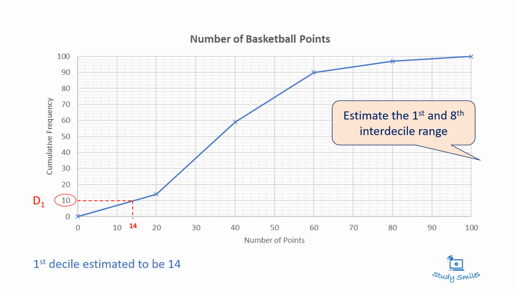And we read the value off at this point, which in this example is 14. Then we need to do the same for the 8th decile, which is equivalent to 80%. So we find 80 on the cumulative frequency y-axis, draw a line horizontally across until we reach the cumulative curve, then draw vertically down to reach the x-axis and read off the value, which in this example is 54.